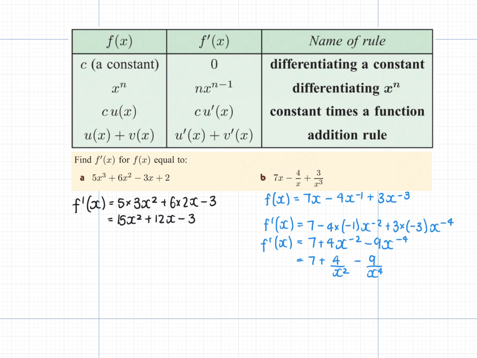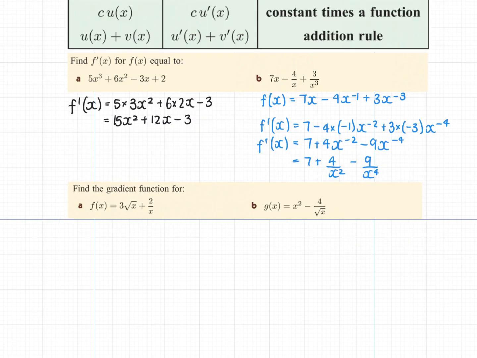We'll also have a look at an example that uses square root signs. Here the first thing we need to do is rewrite that square root sign as a power of a half, so 3x to the power of a half. In this case we also want to get rid of the divide by x and write that with negative indices, so that becomes 2x to the negative 1.